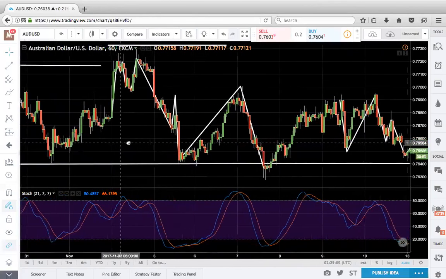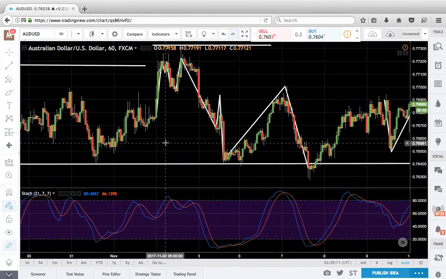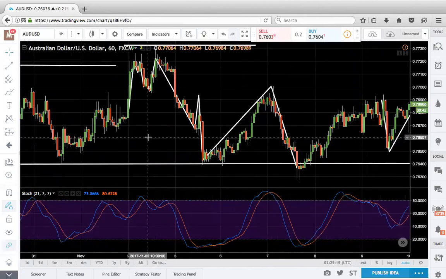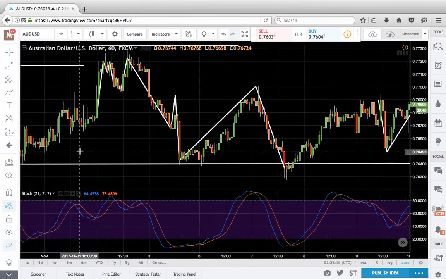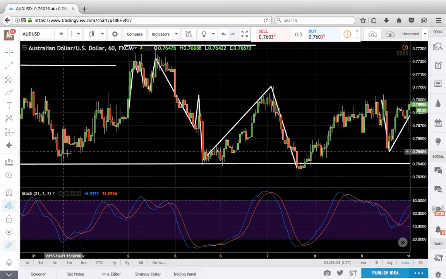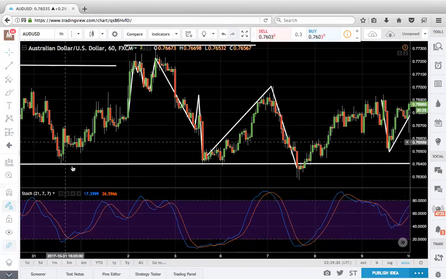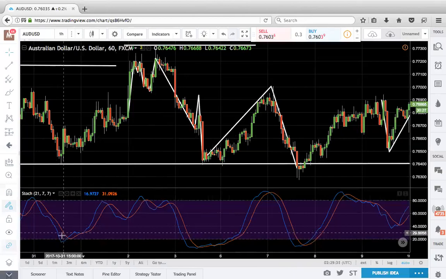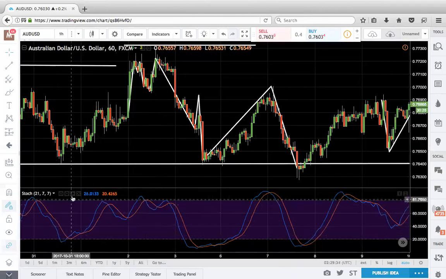Divergence essentially tells us when whatever the current trend is, it's losing momentum. So how do we know that? We're gonna start here, okay? Look here at this candle, this huge green candle, and then look down here as well.